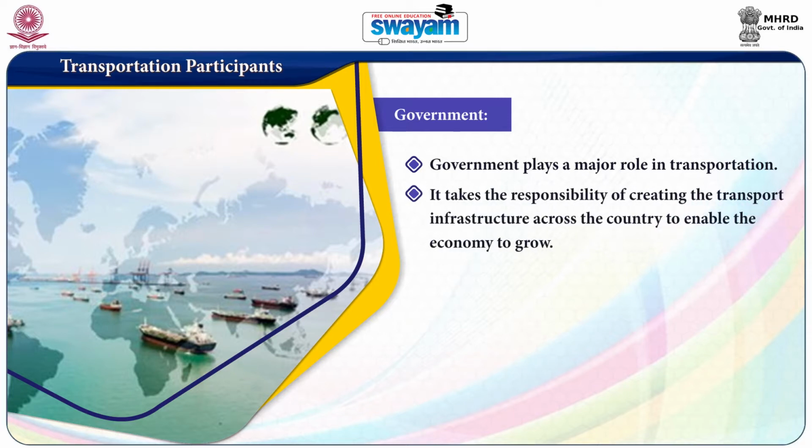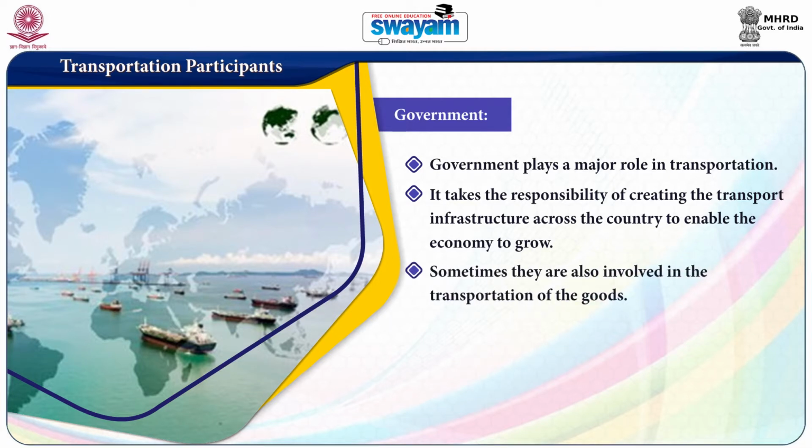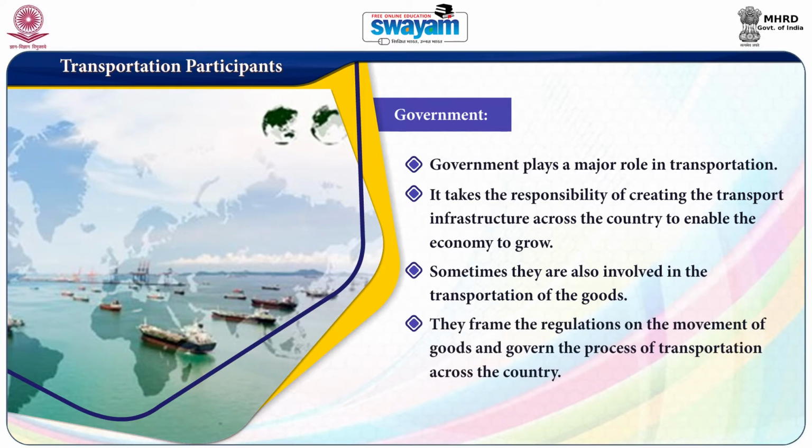It takes the responsibility of creating the transport infrastructure across the country to enable the economy to grow. Sometimes they are also involved in the transportation of goods. They frame the regulations on the movement of goods and govern the process of transportation across the country.